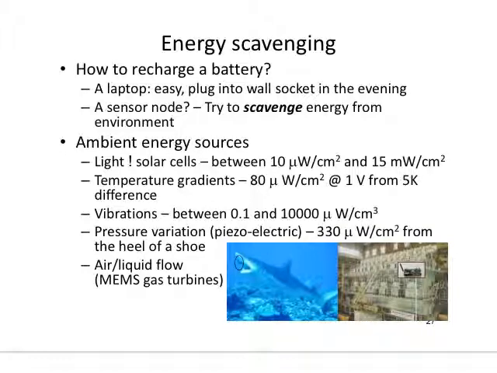So you probably need at least 10 centimeters squared or something to have a sensor working.